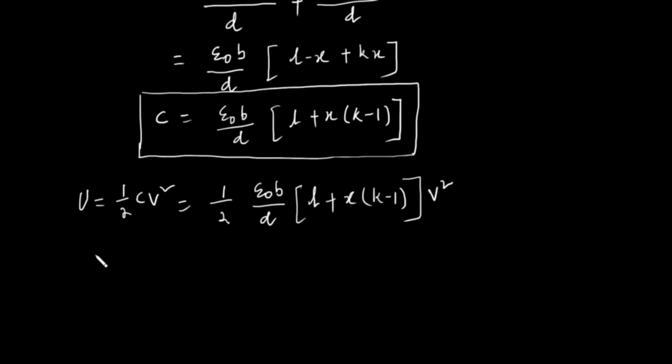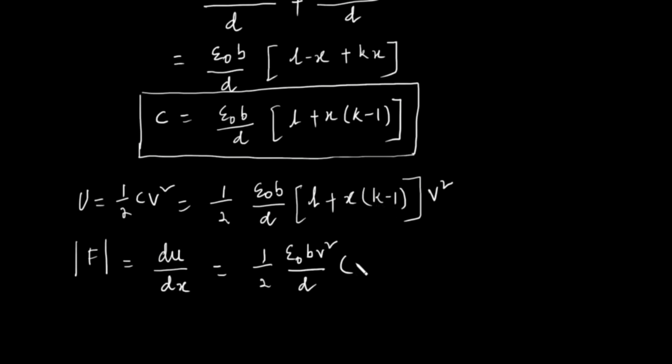So this is U. Now the magnitude of F is equal to dU by dx. Differentiating U with respect to x gives half into epsilon naught b V square by d into k minus 1. This is the magnitude of force when the battery is connected.